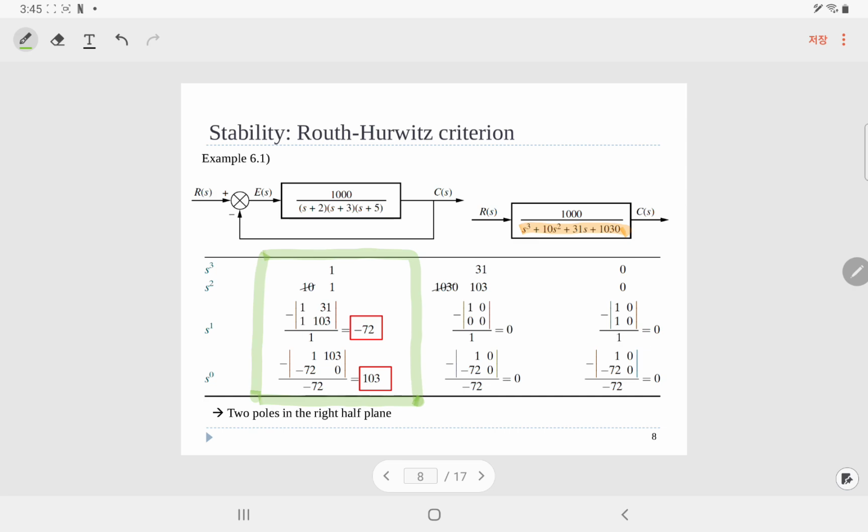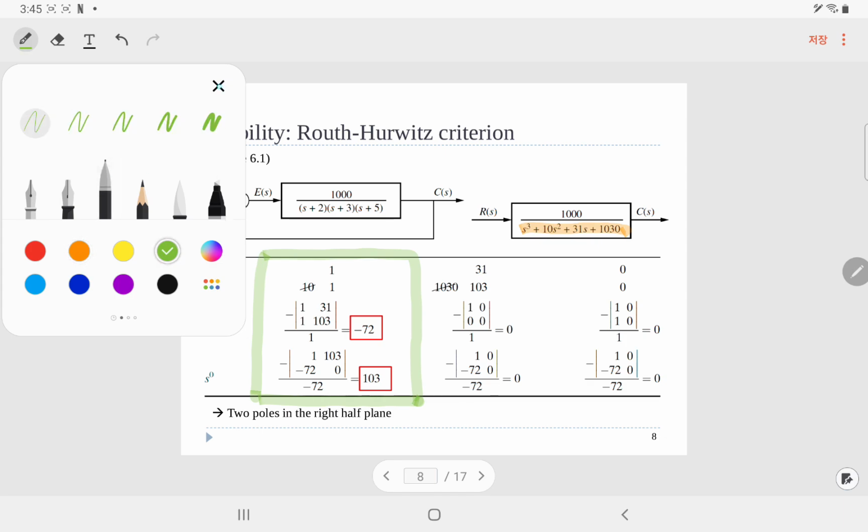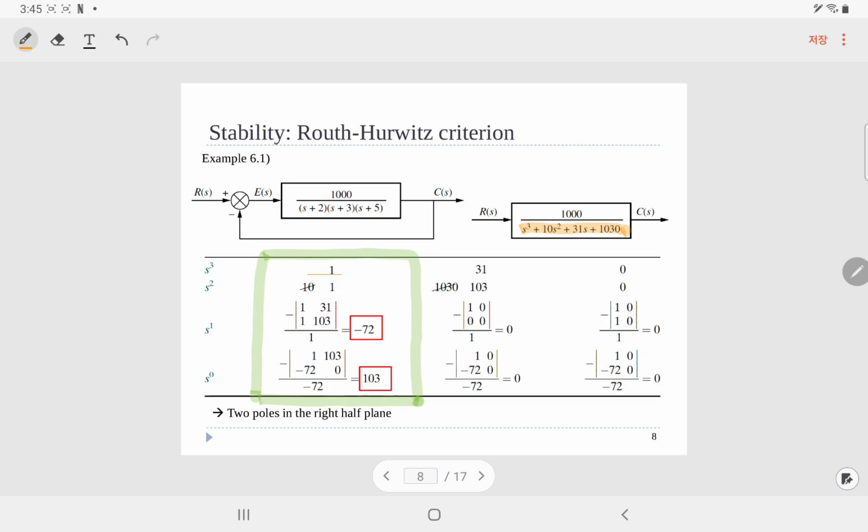Then let's check the number of sign changes. The coefficients in the first two rows are all positive, but the third one, this one, is negative, so we know that there is one sign change. And the final component, this one, is a positive number, so there is another sign change.